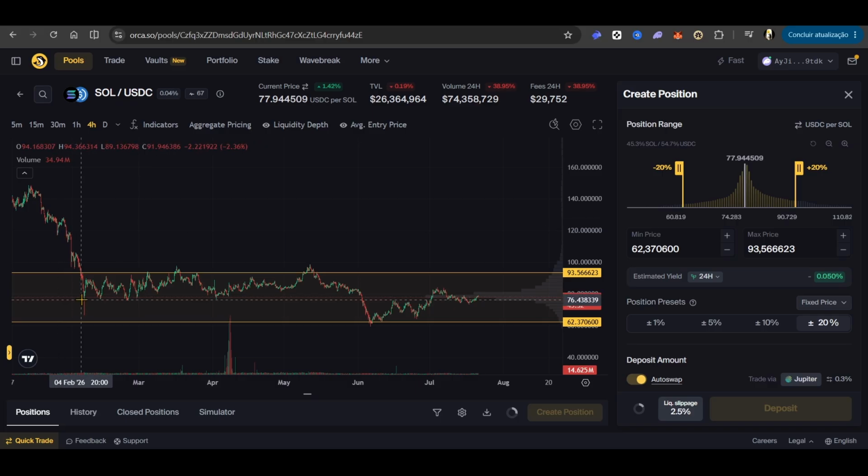So what we saw from here on, since February the 5th, the 6th, around that time, Solana started chopping sideways. Had we opened this position back then, we would have spent the next 1, 2, 3, 4, 5, 6 months in range generating us yield. We wouldn't have to touch a thing. And this is how DeFi passive income works, guys.